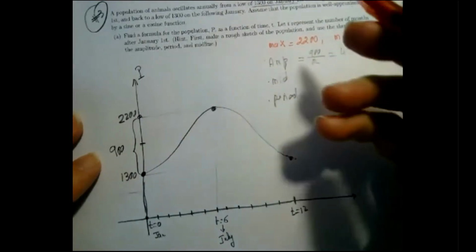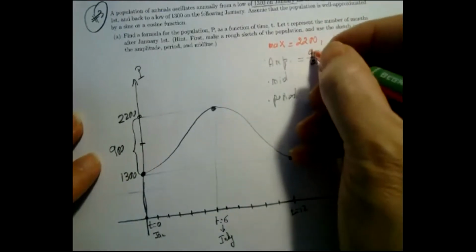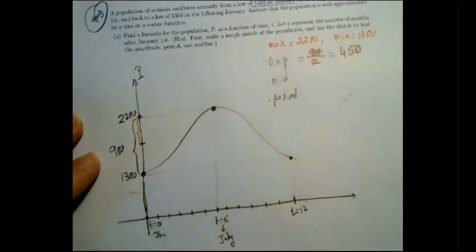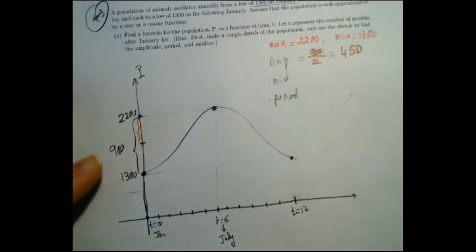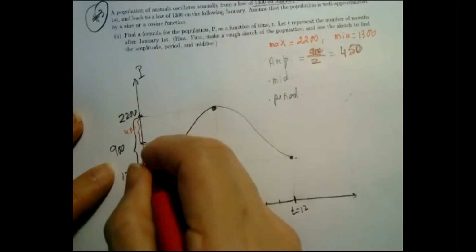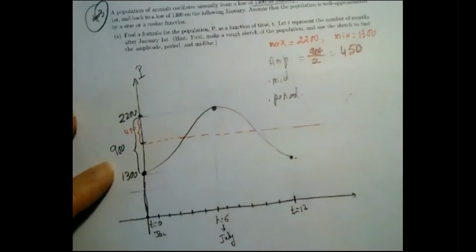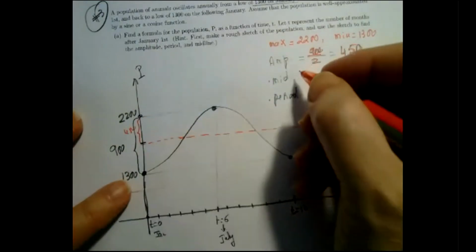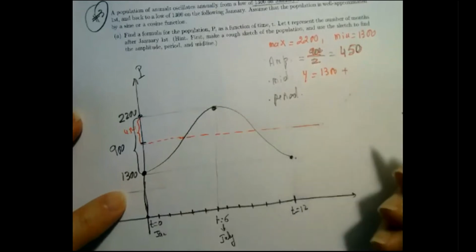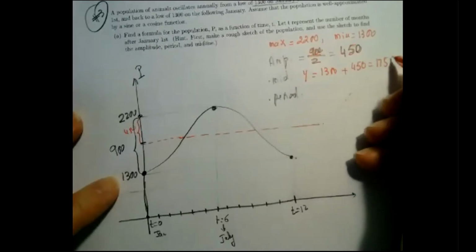Okay, so that's the amplitude, from the midline to the top. Now, what is the midline? The midline is this one. So the midline is going to be y equal to, as I said, you can use the formula I gave you before, or you can just figure it out. It's 1750.